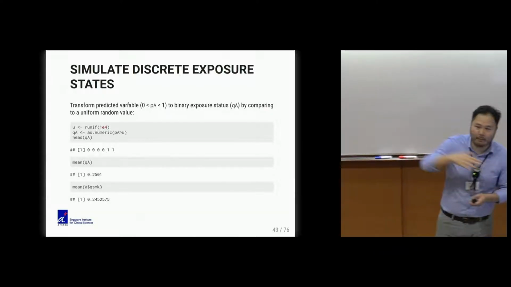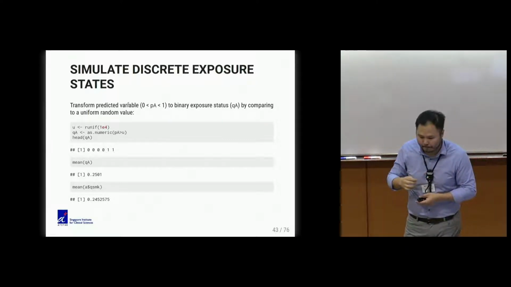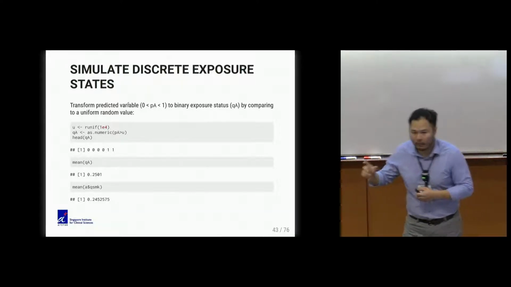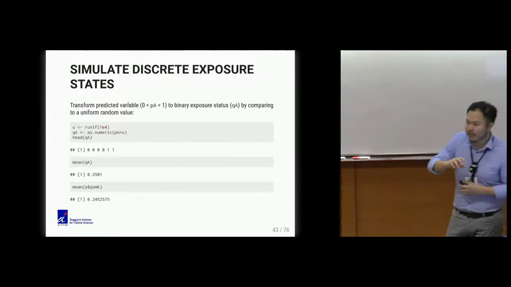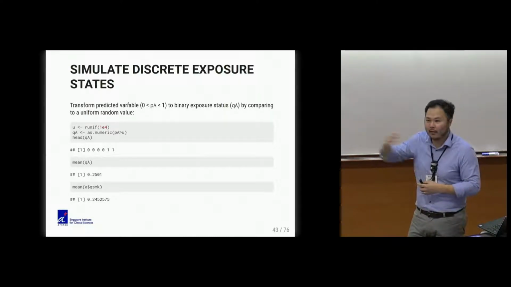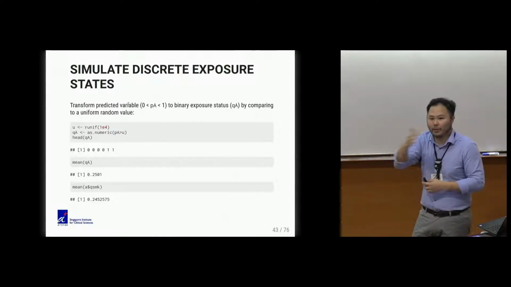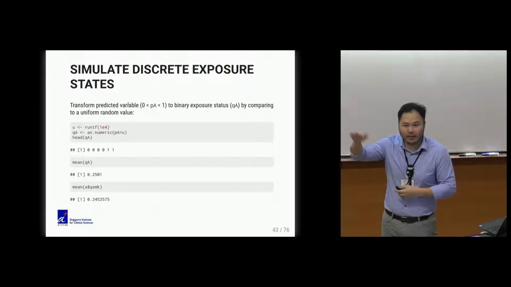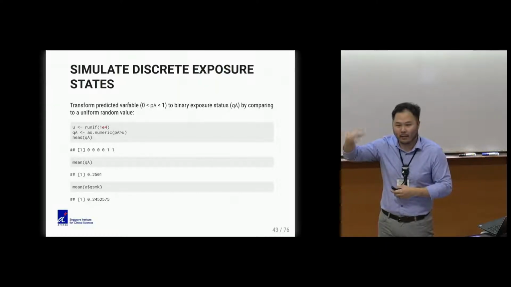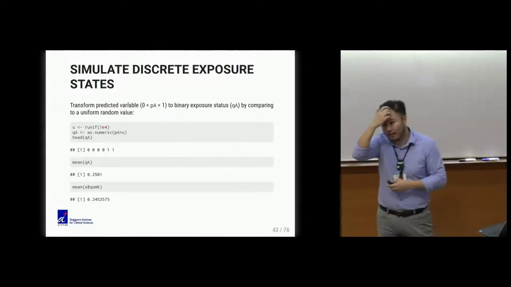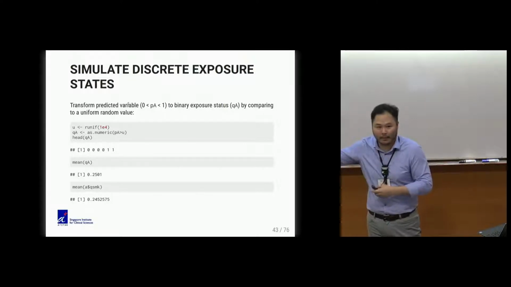So in order to turn that probability into a 0 or 1, the way to do it is to generate a uniform distribution of numbers between 0 and 1, take that vector and compare it to the predicted probability. If the predicted probability is greater than that random value, then you set it to 1. What that does is give you a distribution of zeros and ones that's equal to the mean probability.